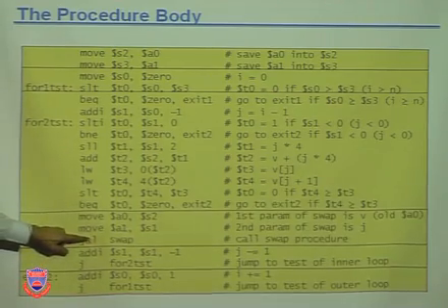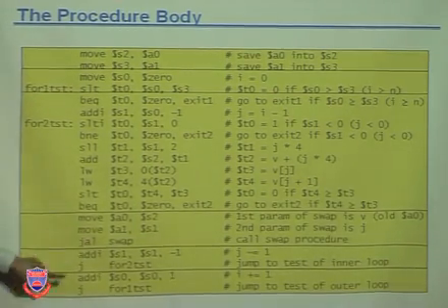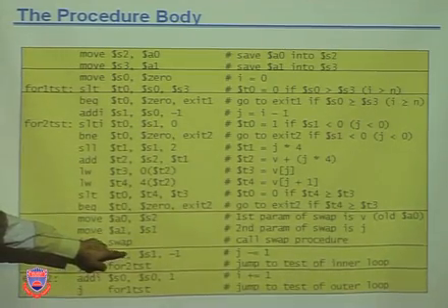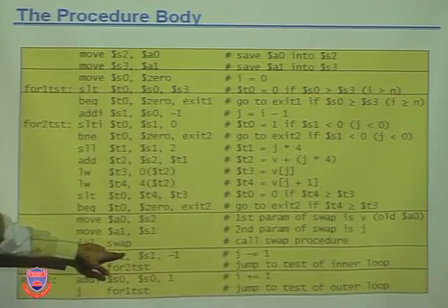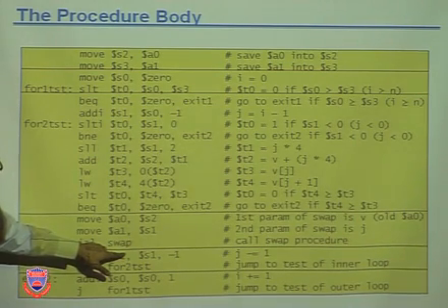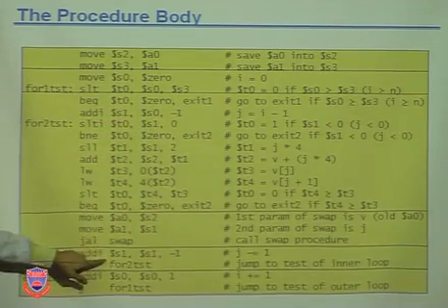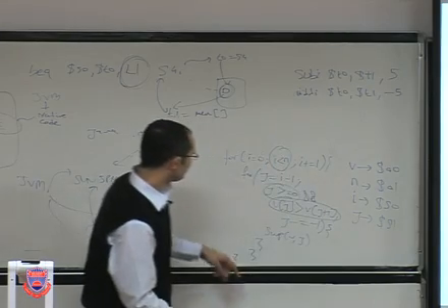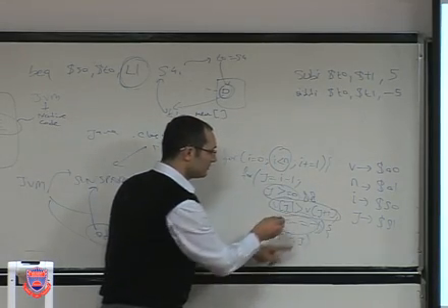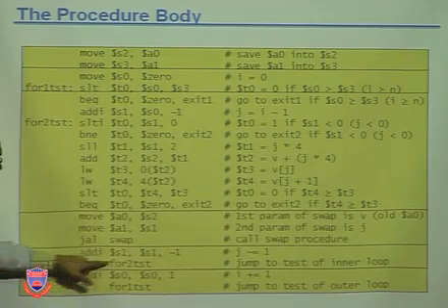And then when the swap method we just wrote finishes, it will return back to here and execute from this point on, which will decrement our S1, which was equal to what? S1 was what? Is it J or? Yeah, J. So S1 will be decremented by 1, right? So you decrement J by 1, and then at the end you jump to for 2 test.